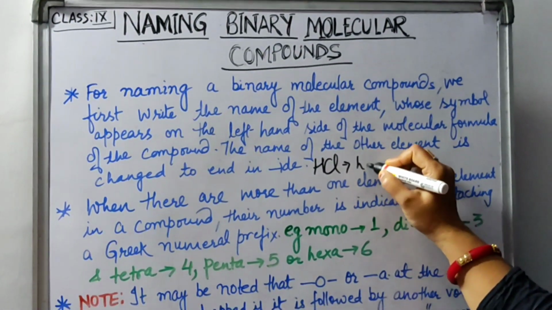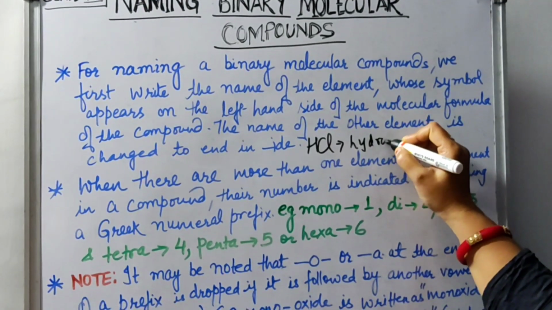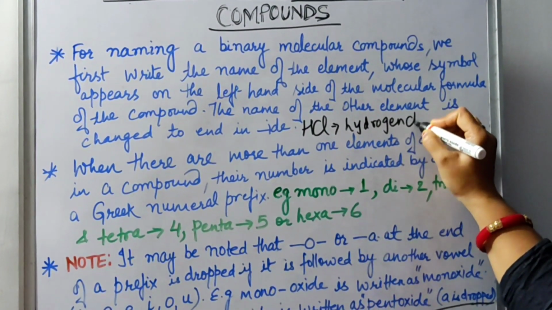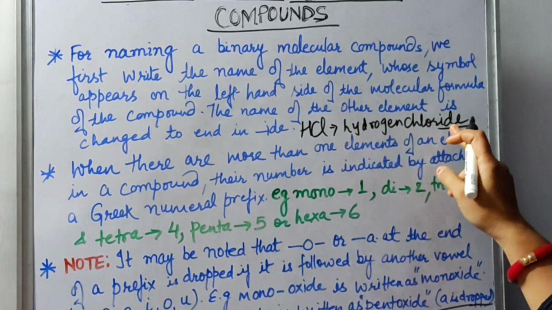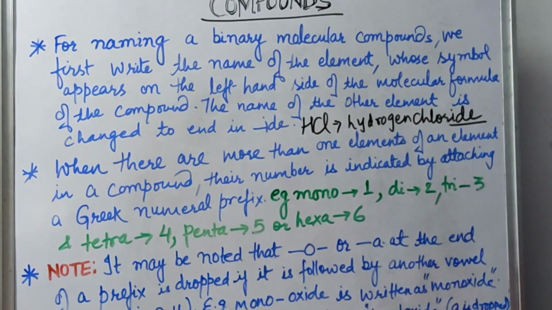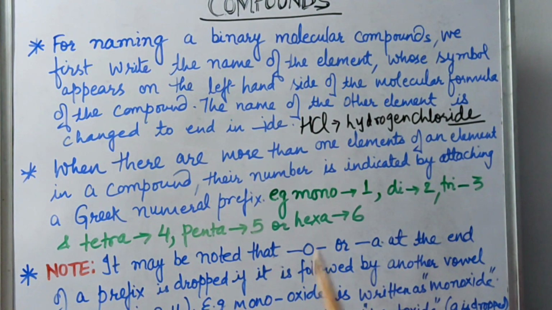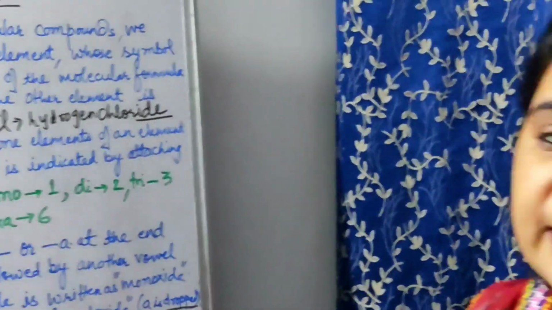It will be hydrogen chloride. I hope you have understood that it ends with "ide". Most of the binary molecular compounds are named like this.